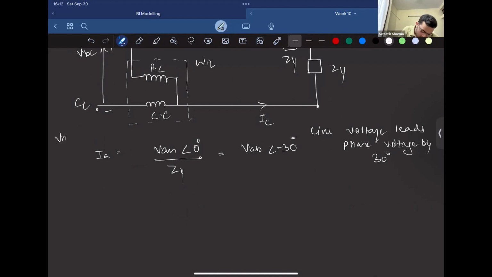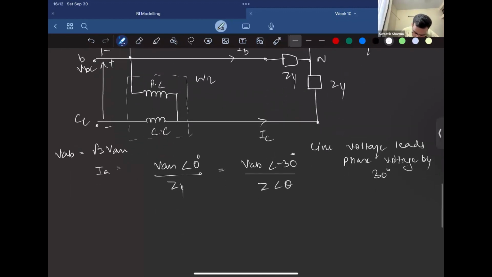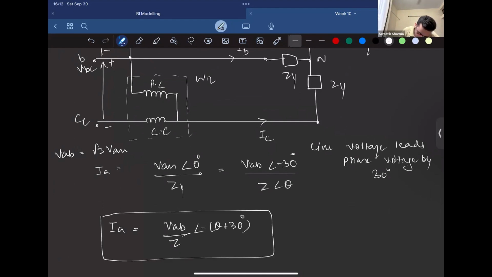VAB is nothing but root 3 times VN, right? So we can write it like this. We know that the impedance is given as Z angle theta. So IA could be written as VAB upon Z angle of minus theta plus 30 degrees. So that's how our IA would look like.